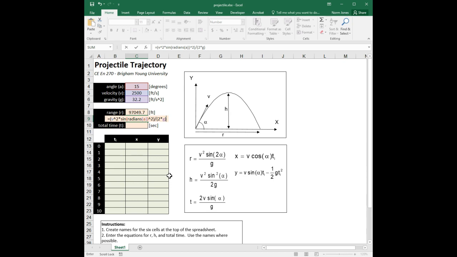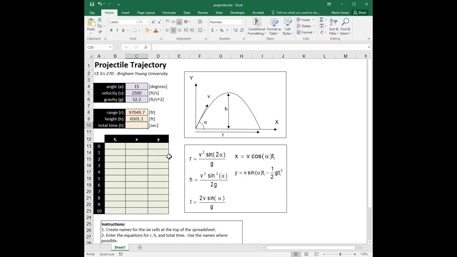Sometimes you can count on that precedence order for things to work out, but if you're ever in doubt, use parentheses. For example, I need to put the denominator 2 times g in parentheses, because if I just said /2 times g, it would divide by 2 and then multiply everything times g, so g would end up in my numerator. So I've got to be really careful with that, but this should give me the right answer, which is 6,500 feet high, a little over a mile high.